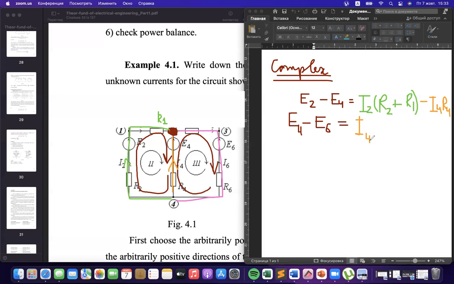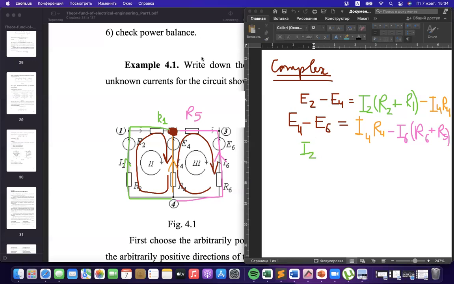It will be I4 with plus on R4, but with minus for the last current because of direction. The arrows are oppositely directed. Minus I6 on R6 plus R5.